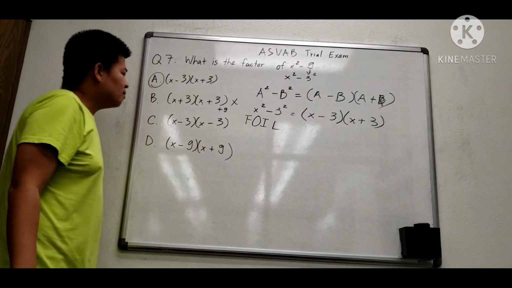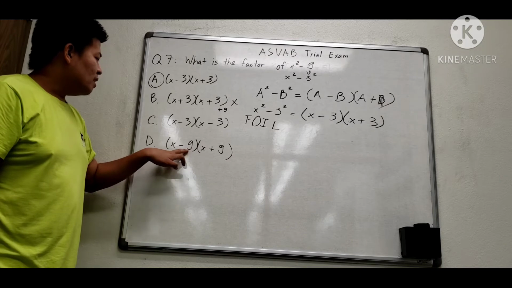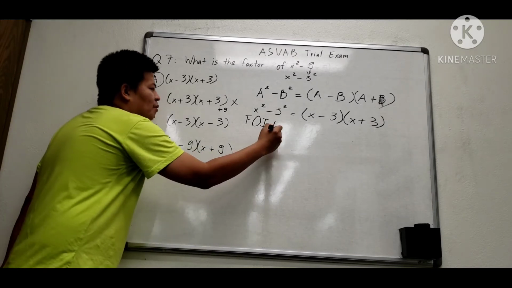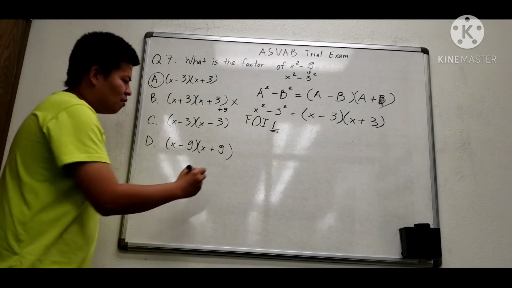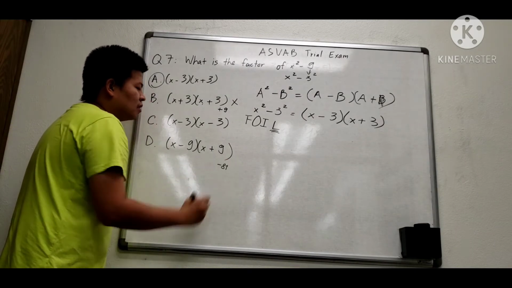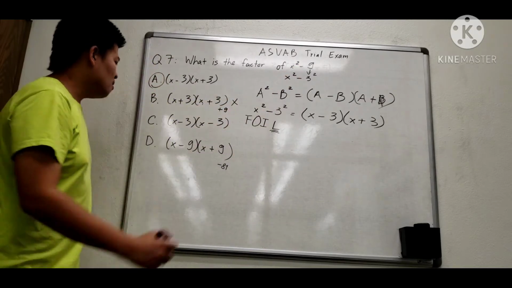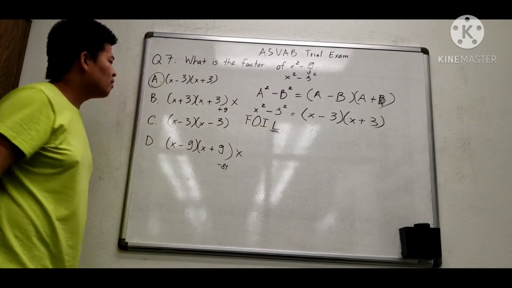Similarly, minus 9 multiplied by 9 from the last of the FOIL gives minus 81, but that is not minus 9, so D is not the correct answer.